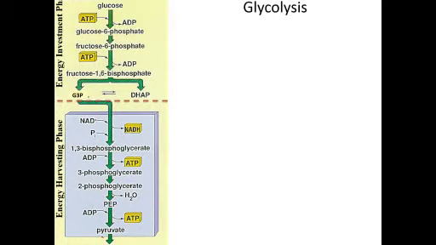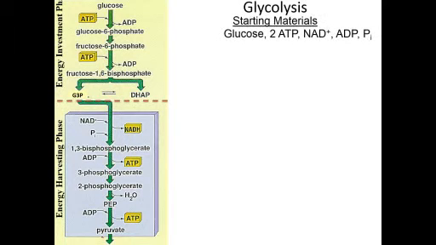When you're looking at glycolysis, you can divide this process into two main phases: an energy investment phase and an energy harvesting phase. To begin with, you start off with glucose, the initial reactant in the process.